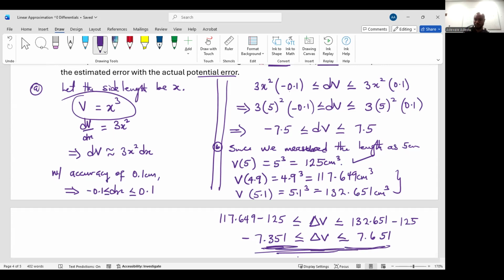Look at the range that we have when we use calculus. So it's pretty close. It's pretty close, from negative 7.5 to 7.5. Here it is negative 7.351 to 7.651.